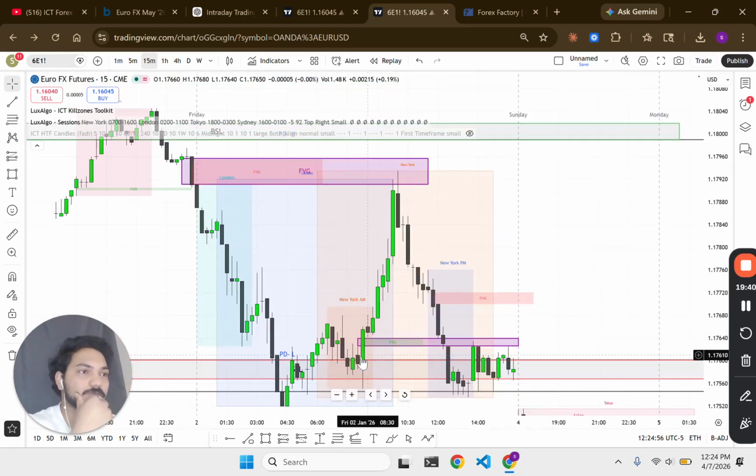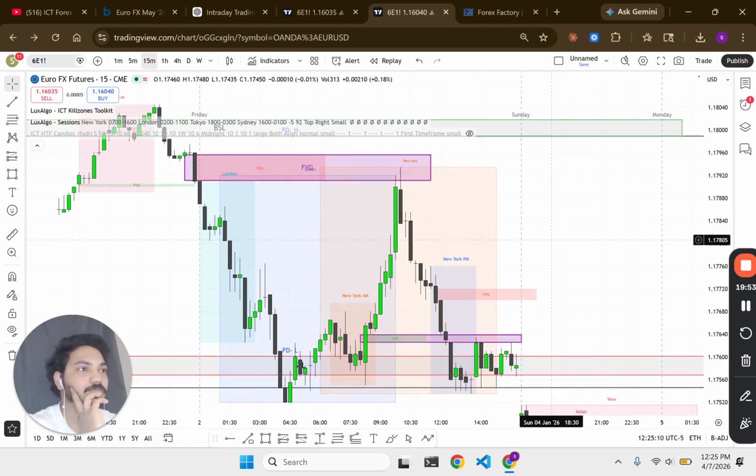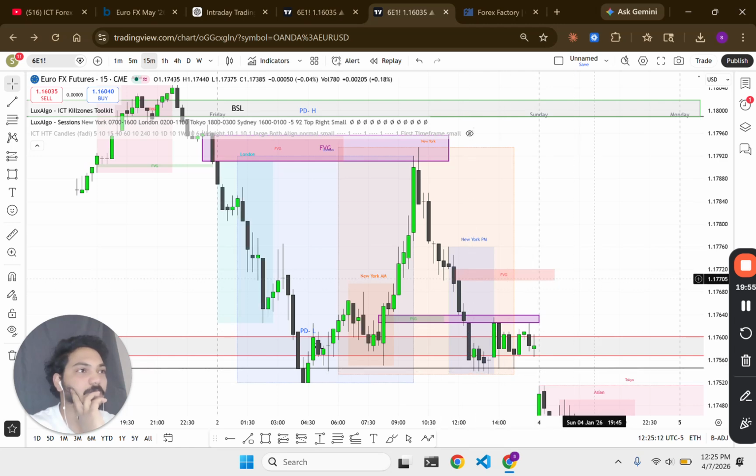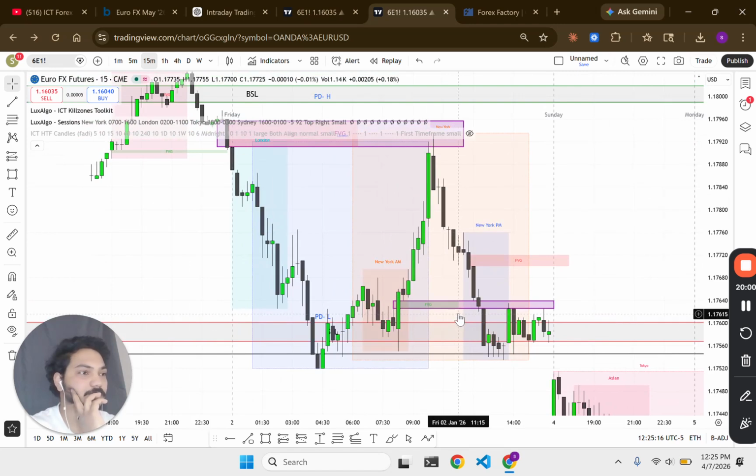That's what you can see here in the New York Open. After the New York Open, in the New York AM session, it rallied all the way up to this fair value gap to collect all those orders, and it fell down into the New York Open and London close. I guess 10 to 11 is more like the London close session.